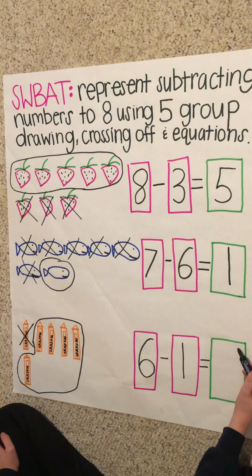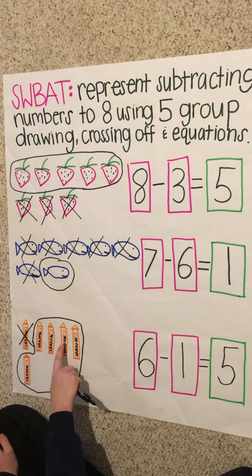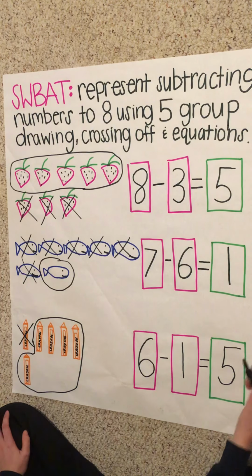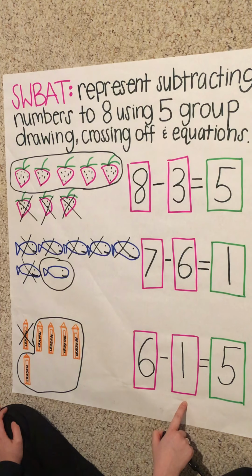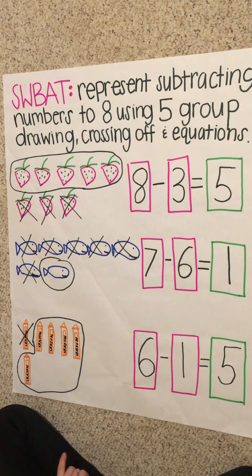And you said we had 5 left. Let's go back to our picture to count, the double check. 1, 2, 3, 4, 5. We had 5 left. So repeat after me. 6 take away 1 equals 5, or 6 minus 1 equals 5.